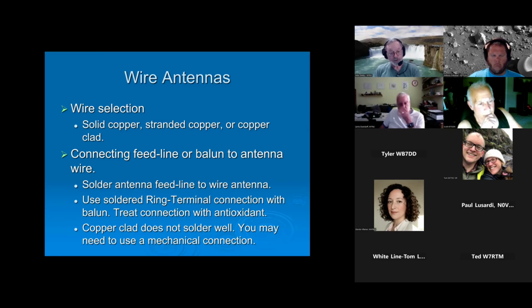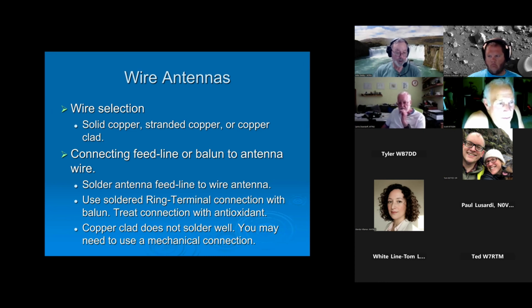So you want to solder the antenna feed line using solder rings. You can either crimp on or solder on solder rings, and then use that to connect to a balun, and then use that threaded connection with antioxidants.